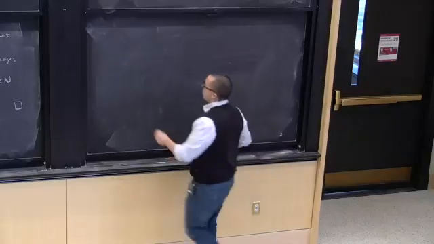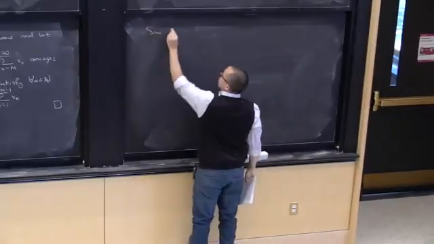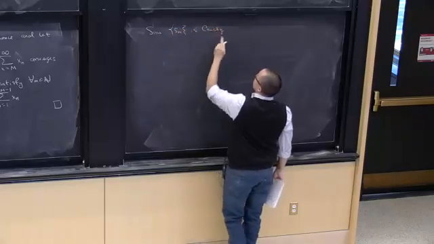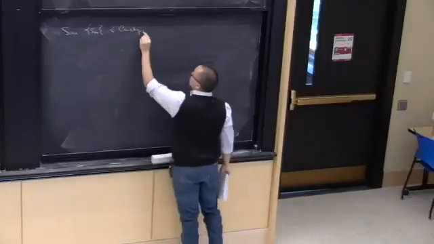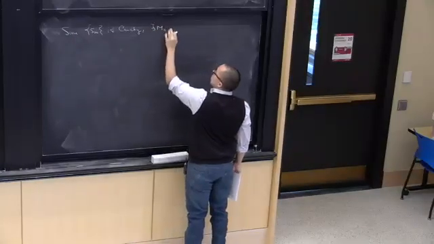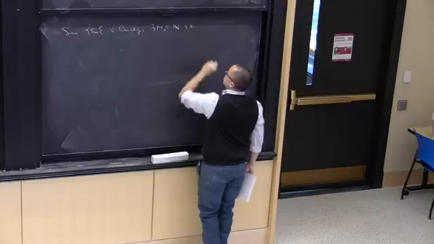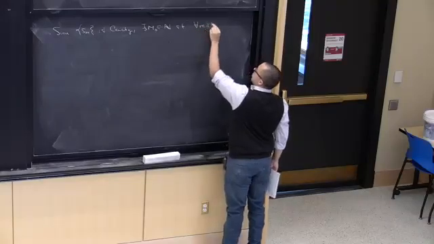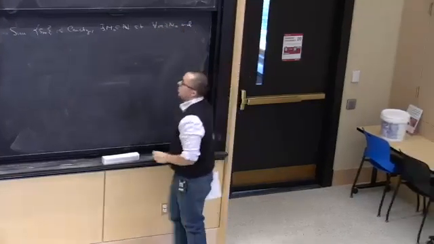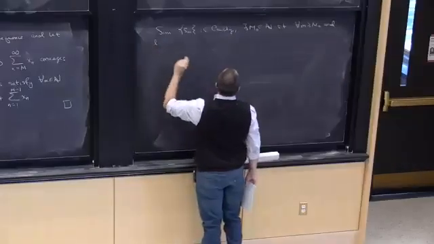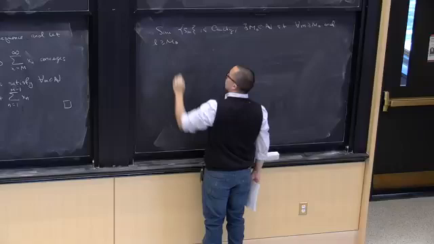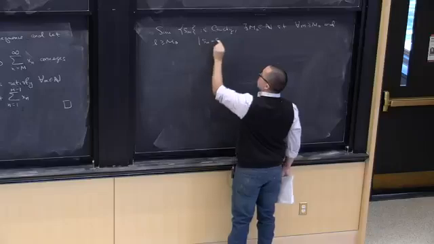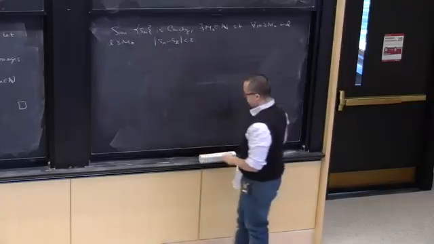So since the sequence of partial sums, S sub m, is Cauchy, that's what it means for the series to be Cauchy, there exists a natural number, m naught, such that for all m bigger than or equal to m naught, and L bigger than or equal to m naught, the absolute value of S sub m minus S sub L is less than epsilon.